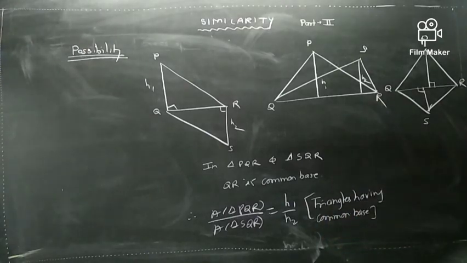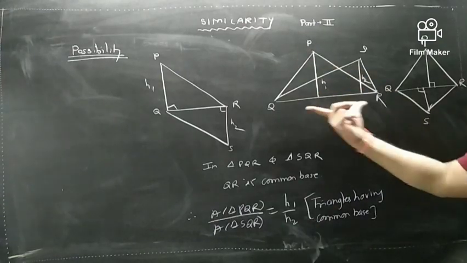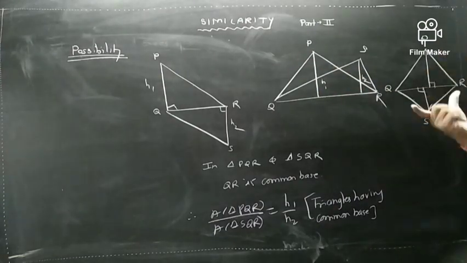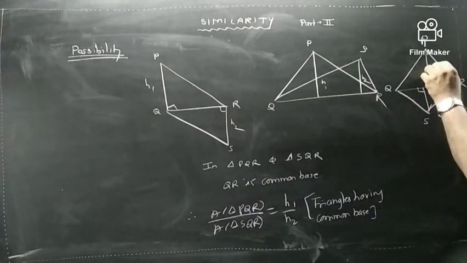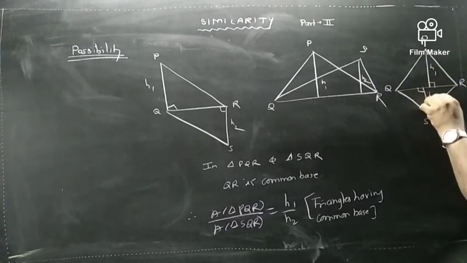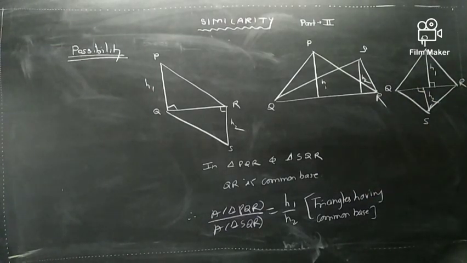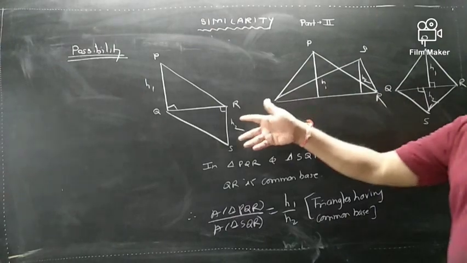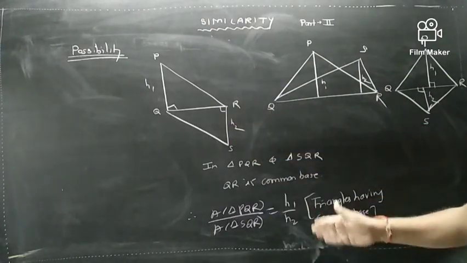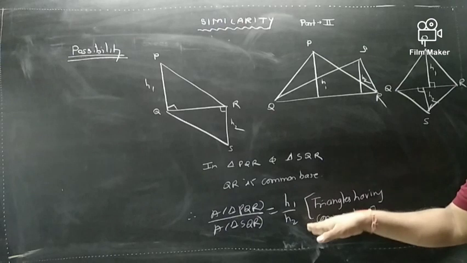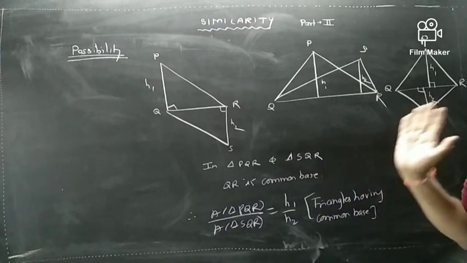I think you understood this. In this case, QR is the base, and we make the heights H1 and H2. They will give the values of H1 and H2, and you have to substitute over here. Suppose 10 upon 15 is there, you are going to cancel it. The answer will be 2 upon 3.